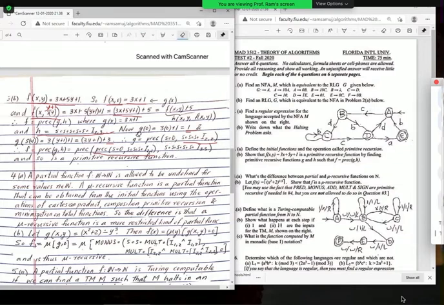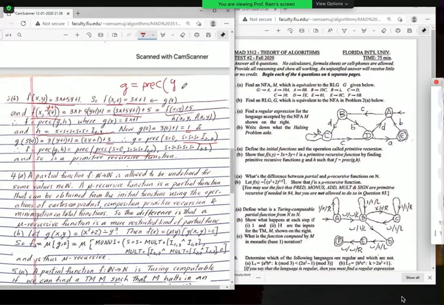Now, G is a function. So I'm trying to write, G is a function obtained from primitive recursion, so PREC of G1 and H1.